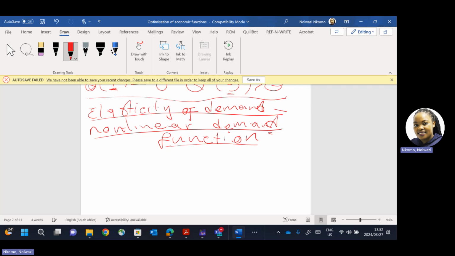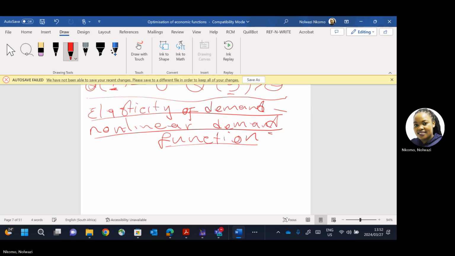Again, the elasticity of demand is sometimes called the demand elasticity. This is just the measure of how demand responds to a change in price or income. Price elasticity is important because it influences the price the firm will charge for its products or services.